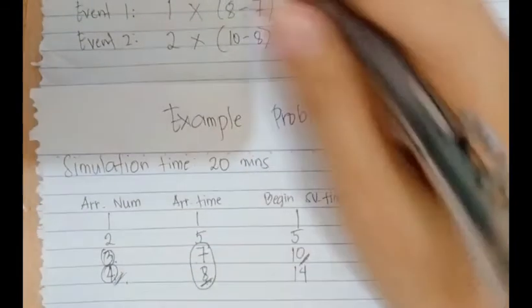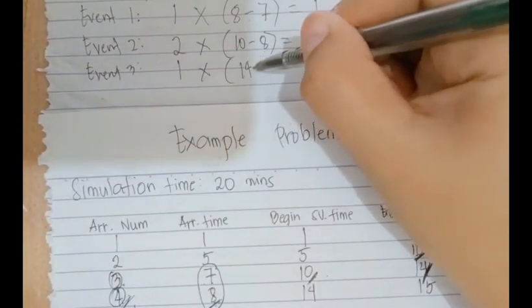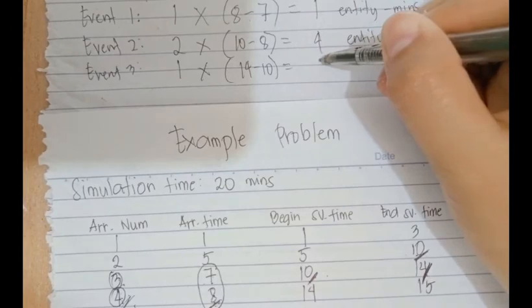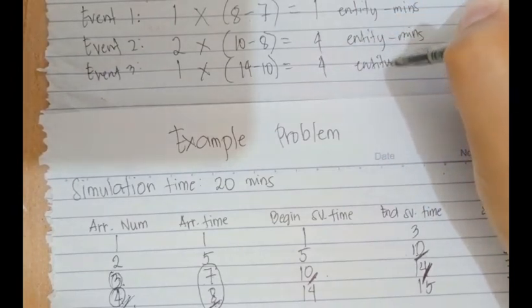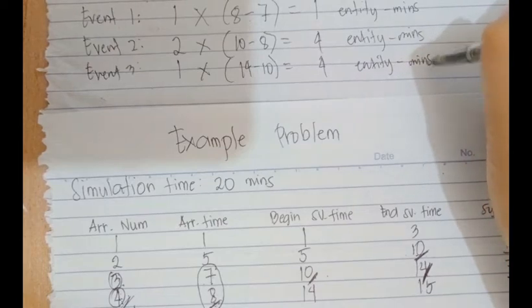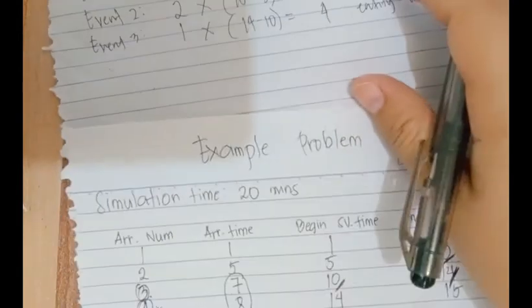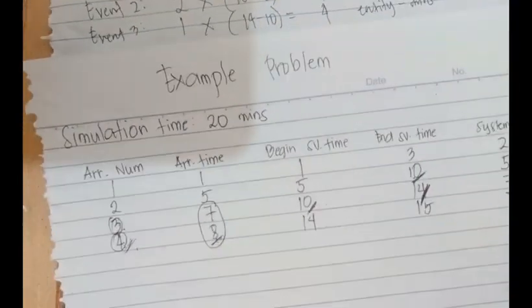So this will be event 3: 1 times 14 minus 10, which equals 4 entity minutes. So that's our third relevant event. Now, let's proceed to the fourth relevant event.